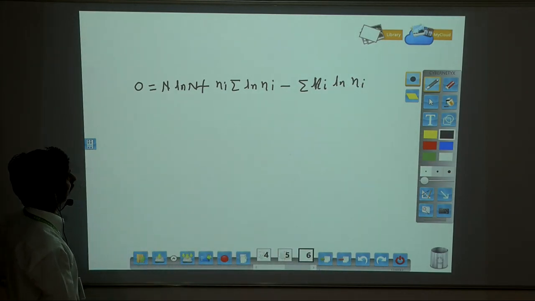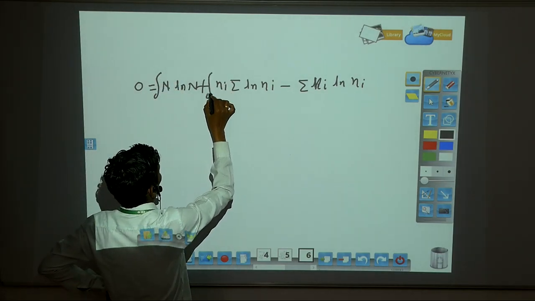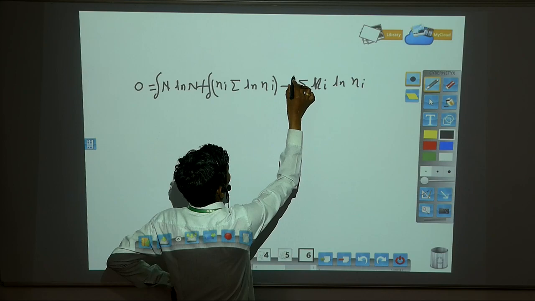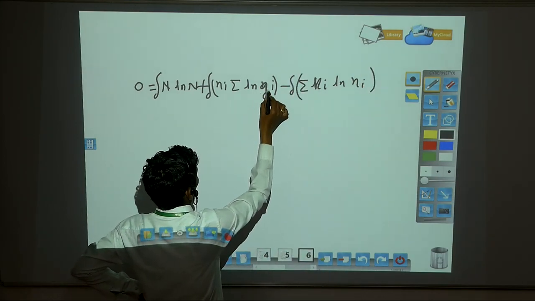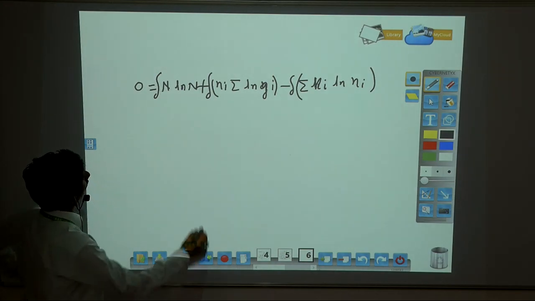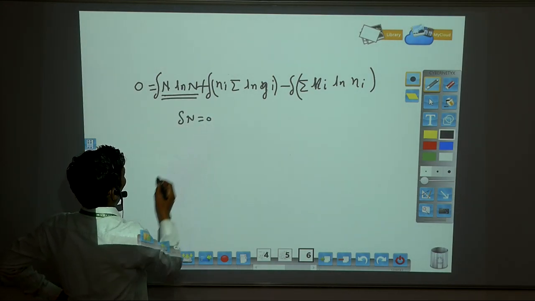Now we are taking the differentiation on both sides, so this is a differentiation term, this is a differentiation term, and this is a differentiation term. This is gi. Then, N is constant, therefore delta N is equal to 0.